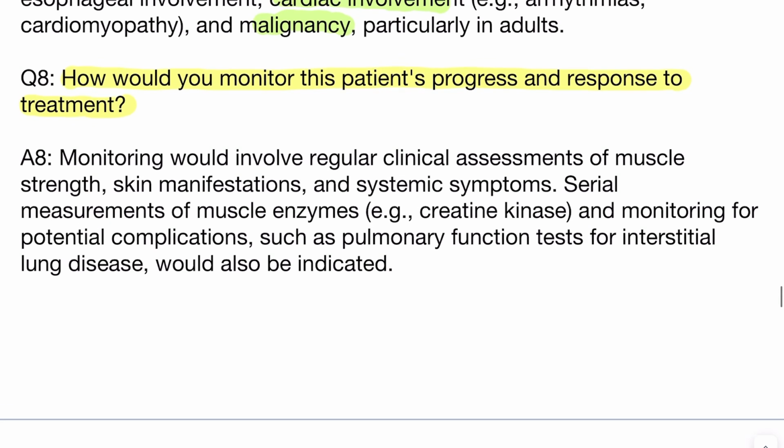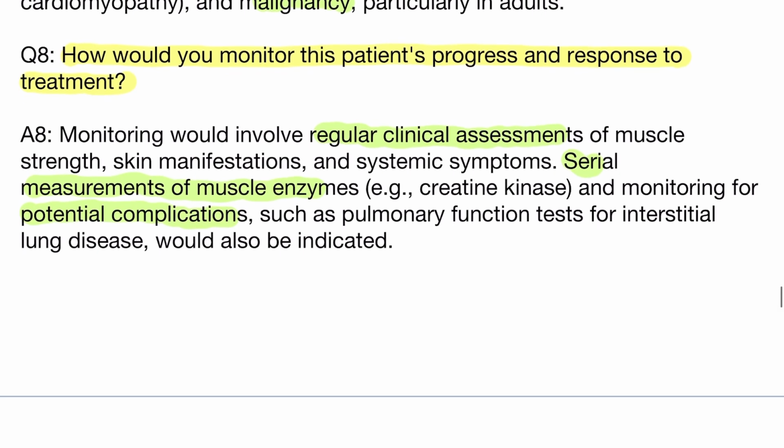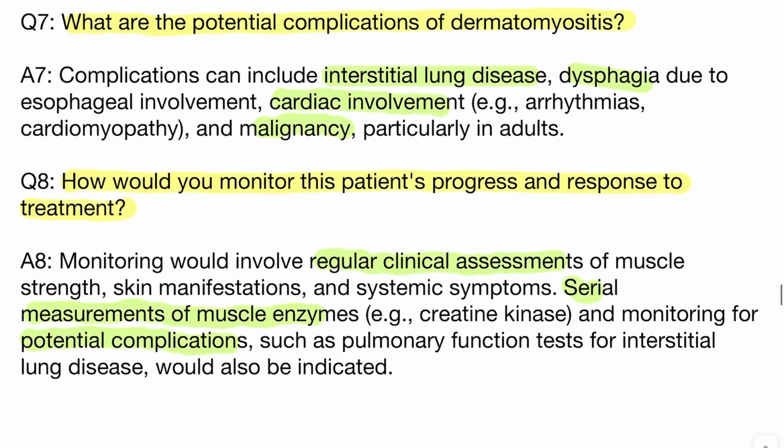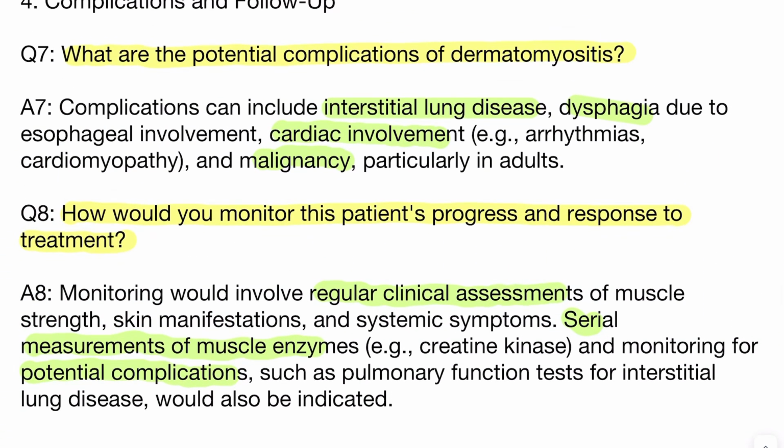Monitoring usually involves regular clinical assessment of muscle strength, skin manifestations, and systemic symptoms, and serial measurements of the muscle enzyme like CK, and obviously monitoring for any potential complications, such as pulmonary function tests for interstitial lung disease, would also be indicated. So that's all about dermatomyositis.